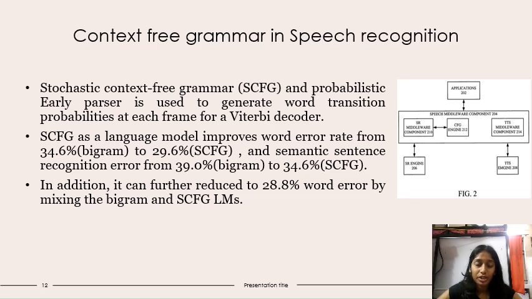In addition, it can further reduce the word error to 28.8% by mixing the bigram and SCFG language models. The context is based on the Berkeley Restaurant Project, a medium vocabulary of 1,300 words, speaker-independent, spontaneous continuous speech understanding system. A Viterbi decoder uses the Viterbi algorithm for decoding a bit stream that has been encoded using a convolutional code or trellis code.